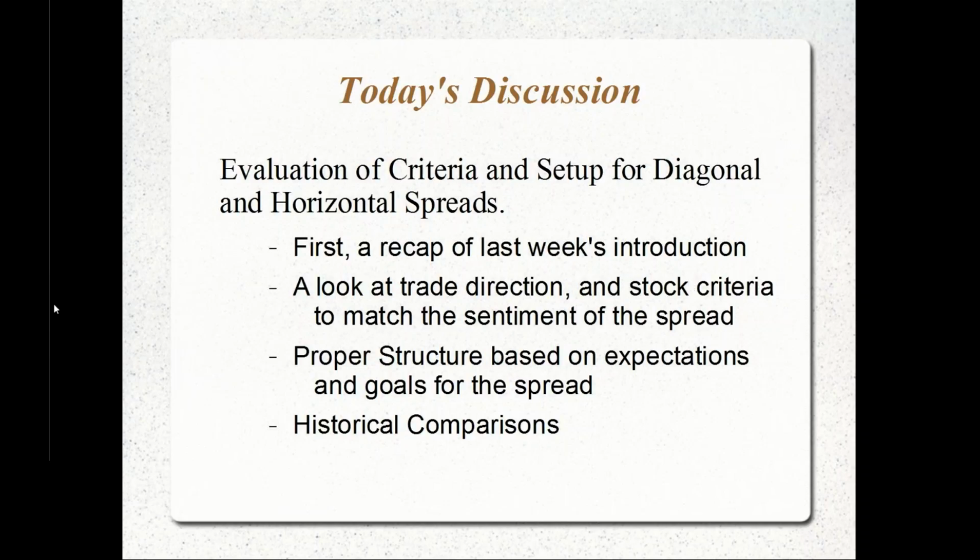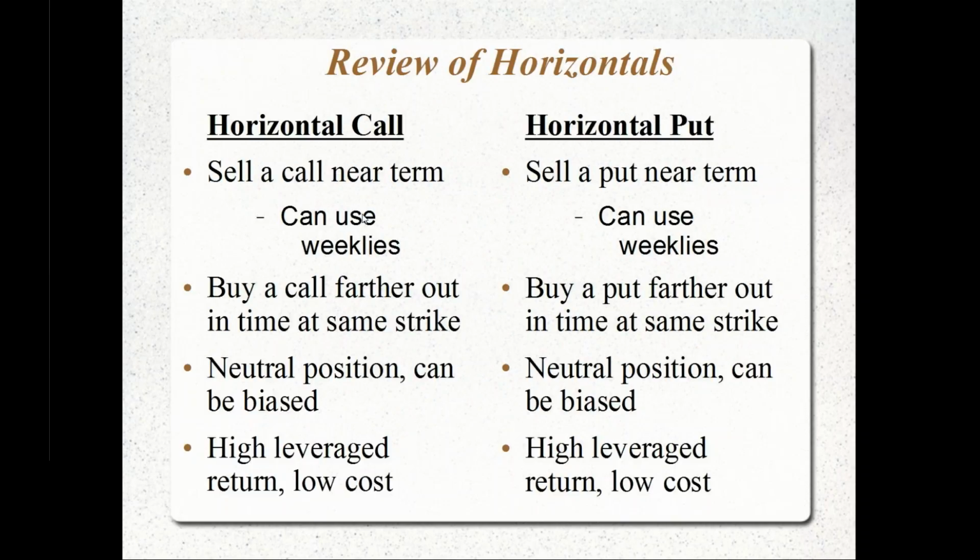Now, let's talk about a review of horizontal spreads. Some of you may just call them calendars, but in last week's presentation, we broke down the definitions. Our definition: a calendar spread is any combination of selling a call and buying a call, or selling a put and buying a put, where you have two different expirations.